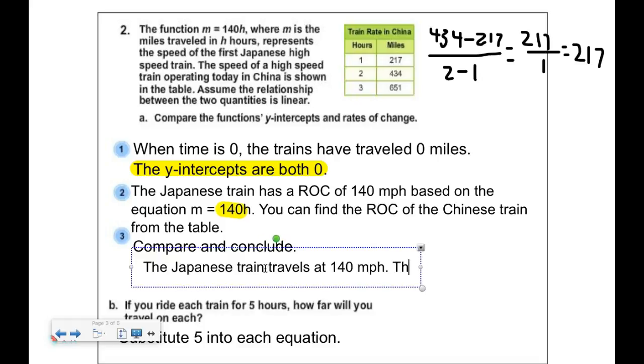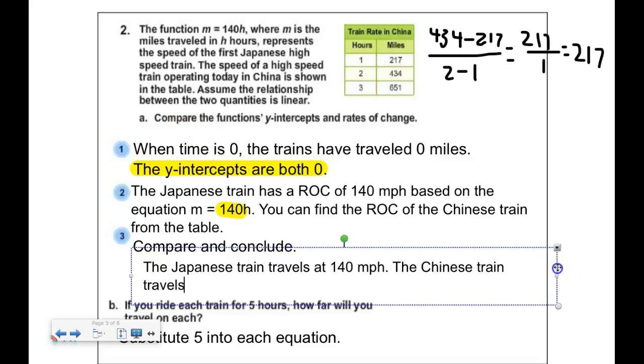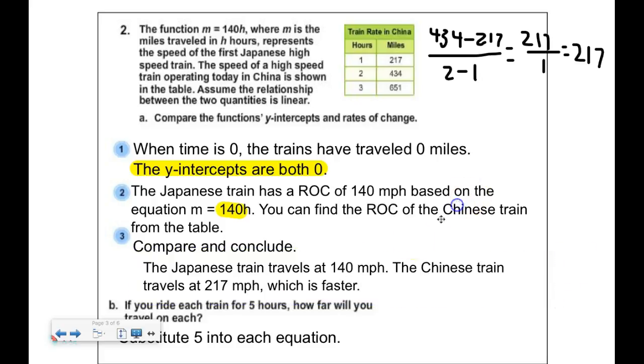The Chinese train, excuse me. And normally when you hear the word compare, it's telling you which one is better or which one is faster in this case. So I'm probably going to make mention of that. The Chinese train travels at 217 miles per hour, which is faster, obviously. Okay, so the Chinese train is faster.